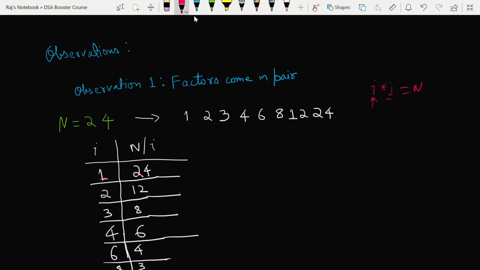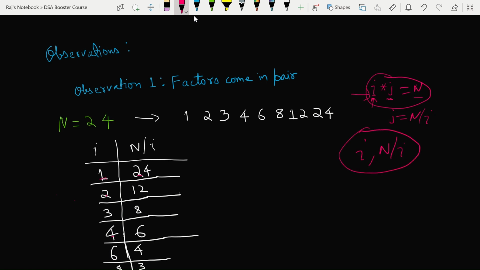But now we can increment our count by 2 because we know that there is another number j also, which will be multiplied with I to make it equal to n. Hence j is also a factor of n. And if you solve this equation, this j comes out to be n by I. So the other number is n by I. So the factors come in pairs of the form I and n by I.